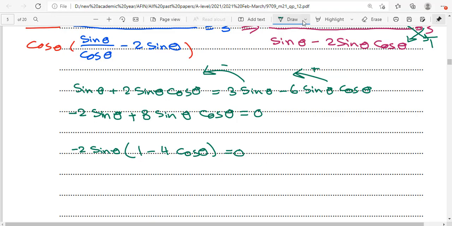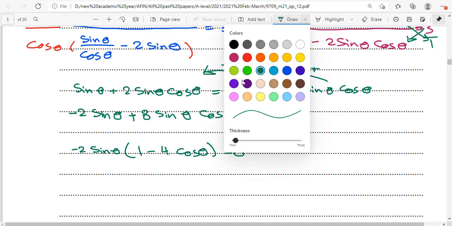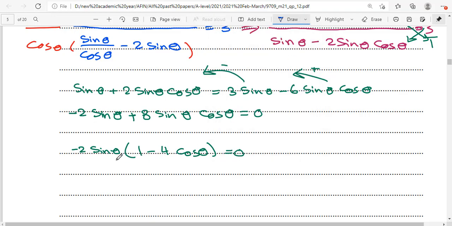Okay, when we have some cases like this, we have two terms multiplied by each other, and the result is 0. It means one of them must be 0 or both of them.